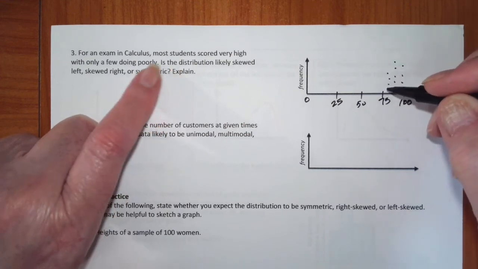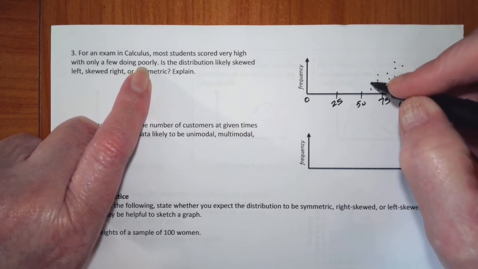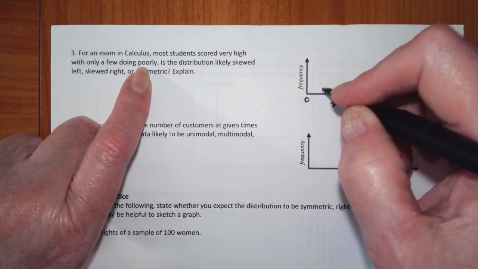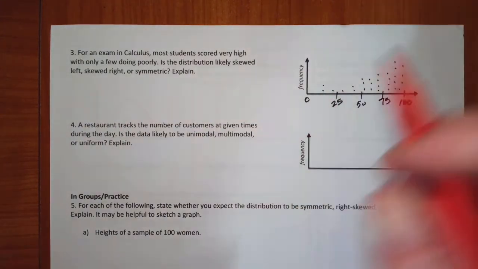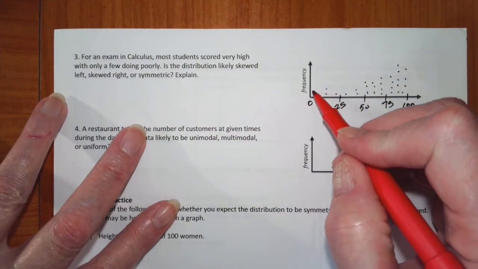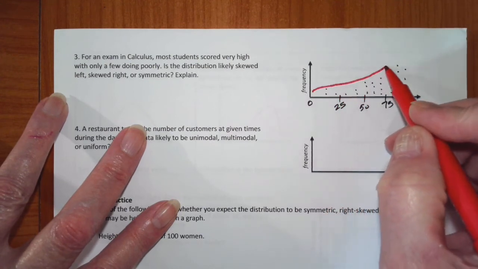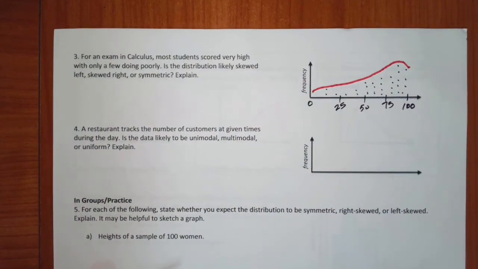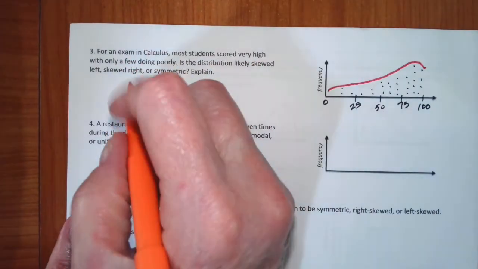Then it says that only a few did very poorly, which means that this is probably going to continue going down until there were just a few that did very poorly. So now if I draw a curve to kind of fit this data, I can see that it is going to be skewed left.